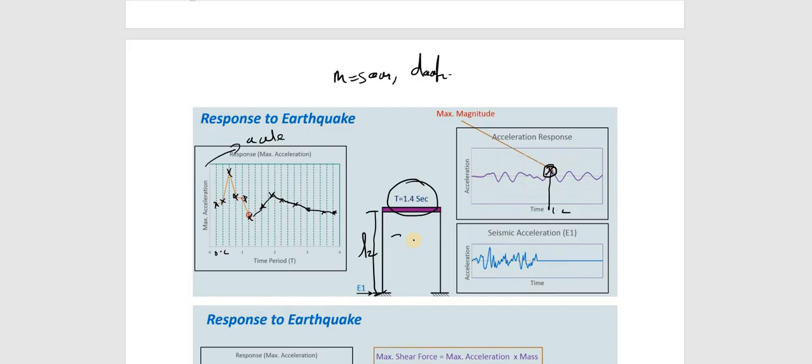So here we will be considering only a single degree of freedom. The multi-degree of freedom will not be considered. So for each single degree of freedom system, I am changing the length, and I am keeping all others, mass, damping, etc., the same. Then I will be getting a plot. Such a plot is known as acceleration response spectrum.